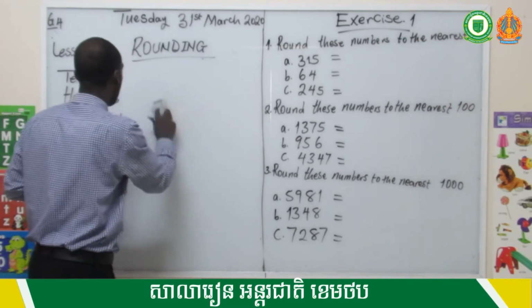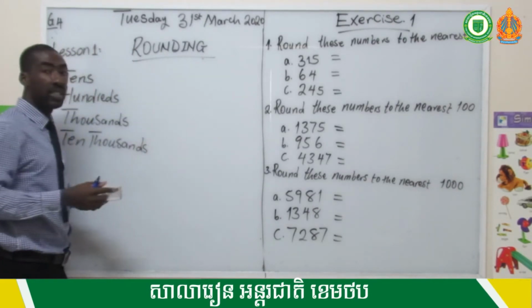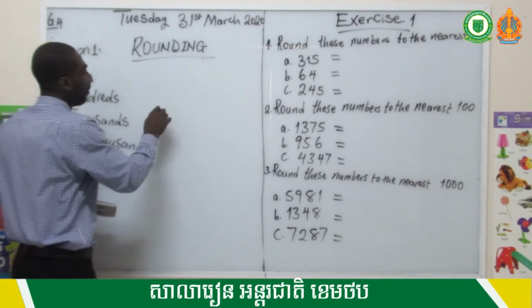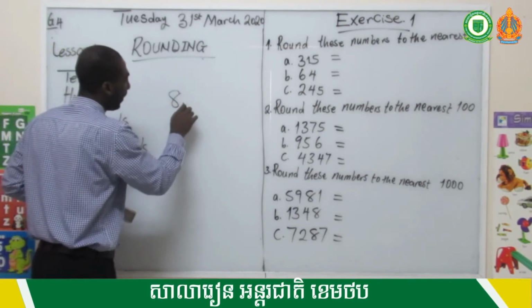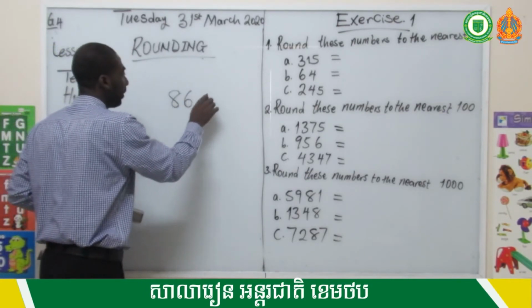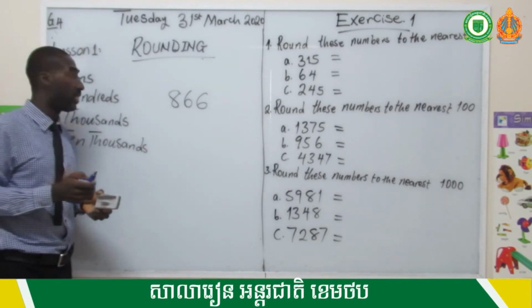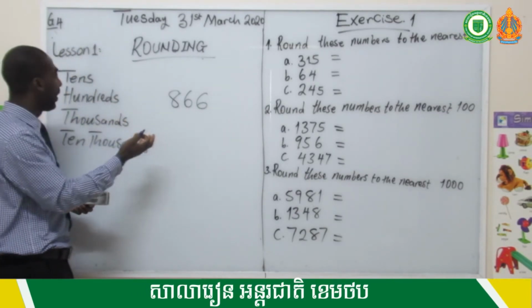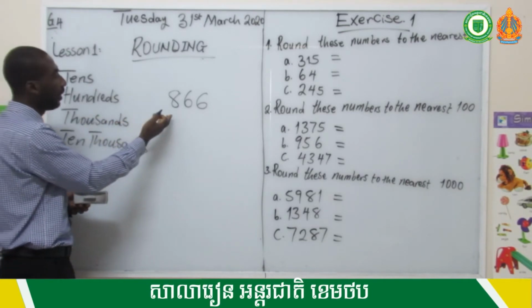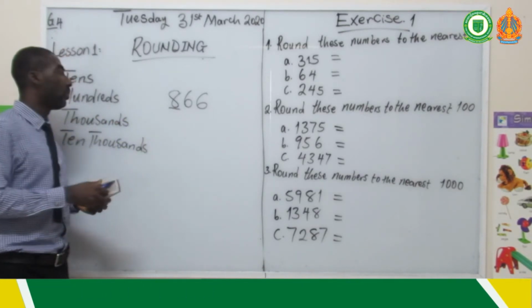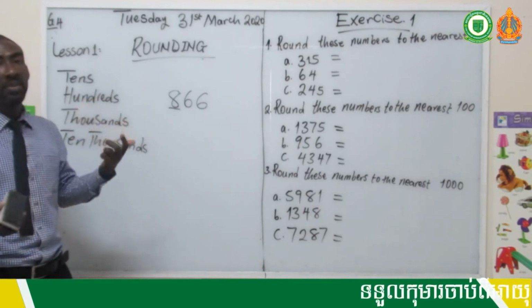Now let's look at changing a number to the nearest 100. You have 866. So what are we looking at? We are looking at changing our 8 to the nearest 100.